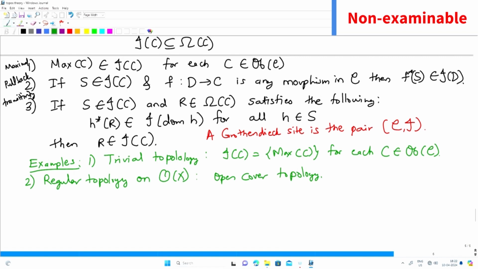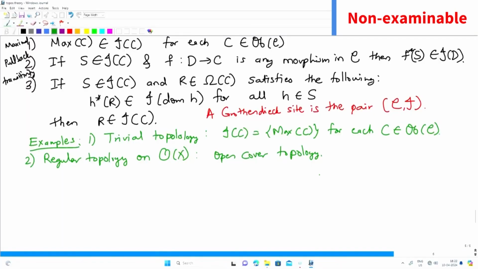Now OX, if you think about it, has very limited connection with X. X is a topological space, but OX is just a lattice which has some extra properties. Okay, so we should try to generalize this.